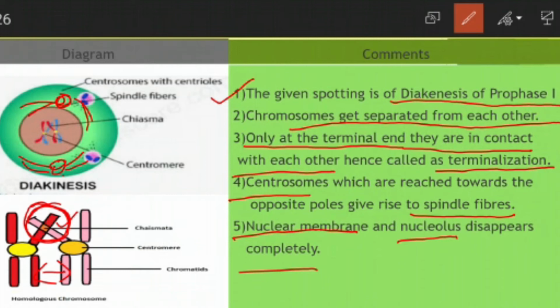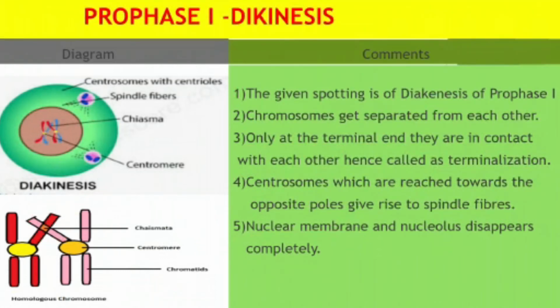Why do they disappear? Because they should give way to the spindle fibers. In order not to create any disturbance in the formation of spindle fibers, the nuclear membrane and nucleolus completely disappear. So here we have completed prophase 1 up to diakinesis.